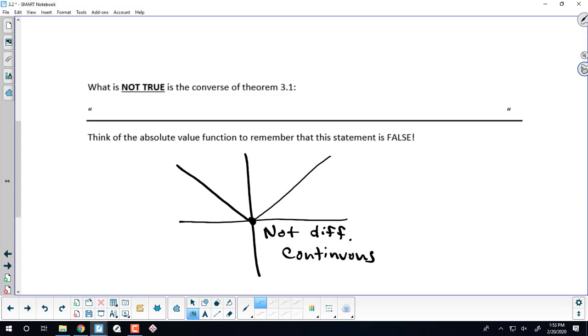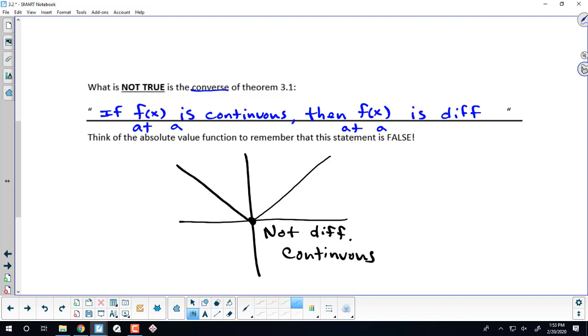So the converse of Theorem 3.1 is not true. That is, if f of x is continuous at a point, continuous at a, then f of x is differentiable at a.